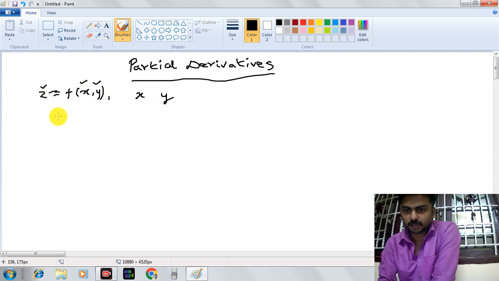So we get dou z by dou x, and also dou z by dou y. Why are we using this dou? This is the partial differential operator.